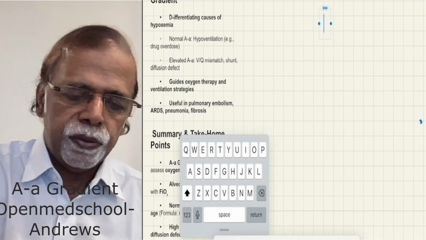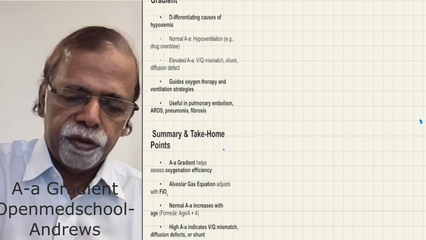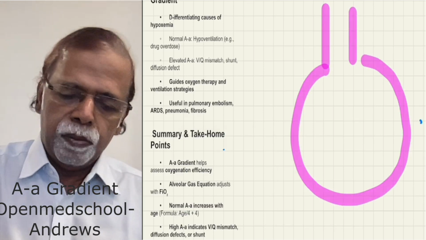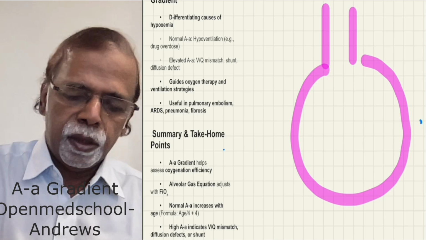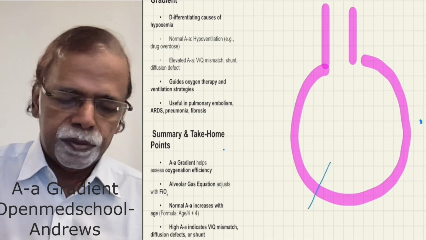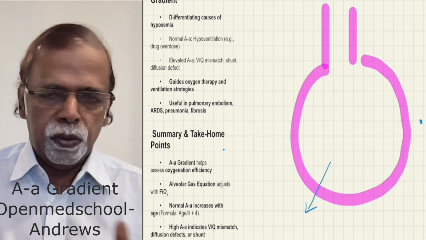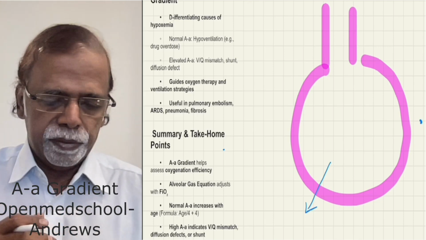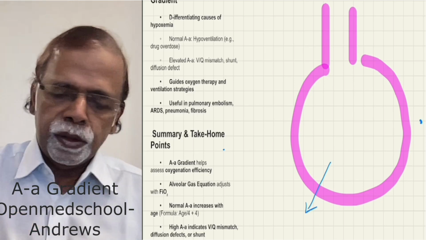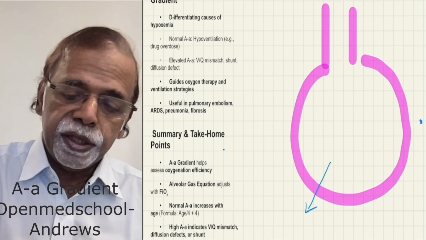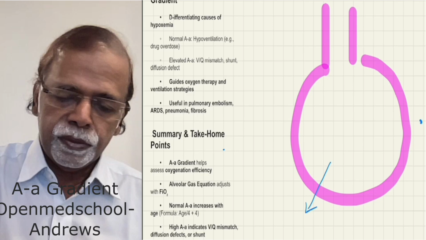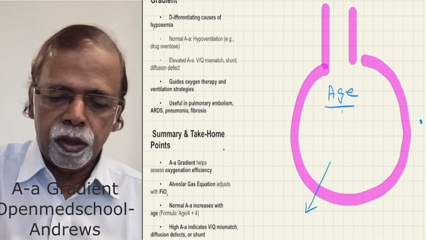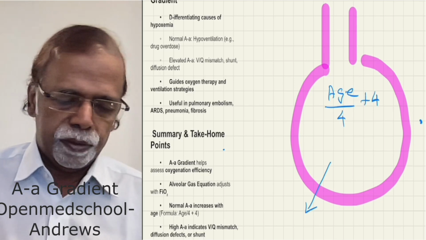This will help you identify problems with oxygenation or the efficiency of oxygen transfer across the alveolar membrane. Secondly, the normal AA gradient increases with age. You remember, age divided by 4 plus 4.